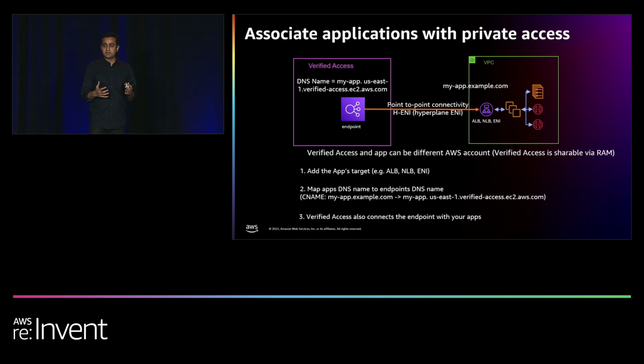Should they use VPC peering or some other connectivity?" And I told them, "Yeah, it's actually magic. You don't need anything. We will connect this hyperplane ENI and get the connectivity for the users." It's quite simple. Just point-to-point connectivity. You don't have to do anything in the back end. We take care of everything.